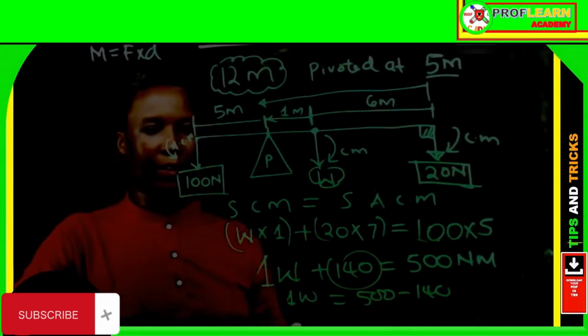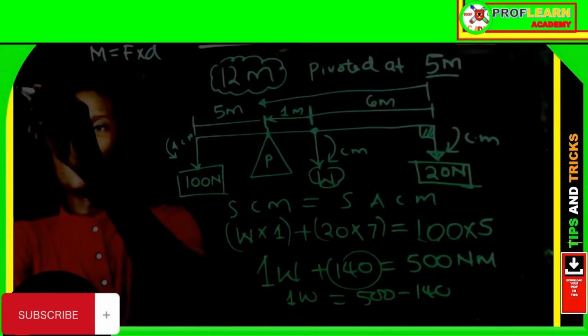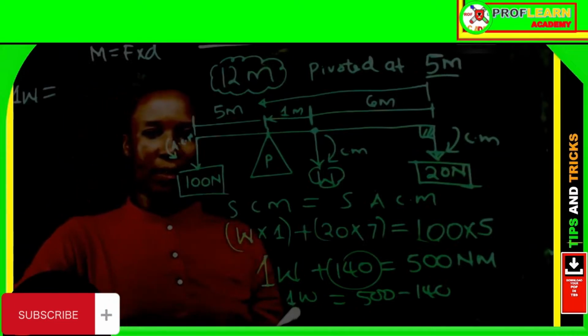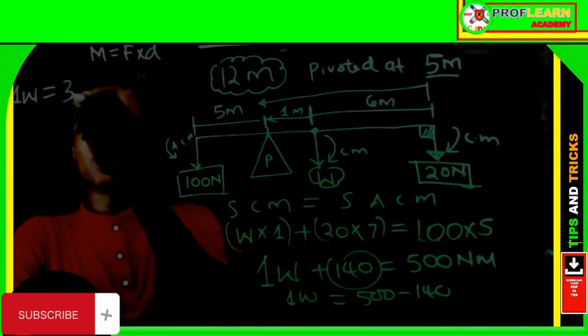And finally, our answer is going to become what? Let me write it here. 1W equals 500 minus 140. What are we going to get? Minus 140. This is going to be 360.